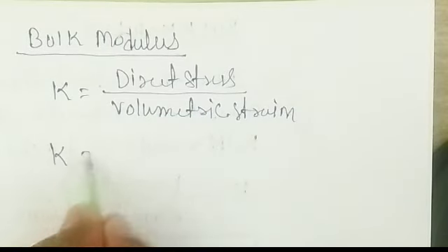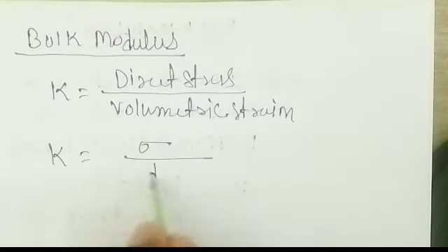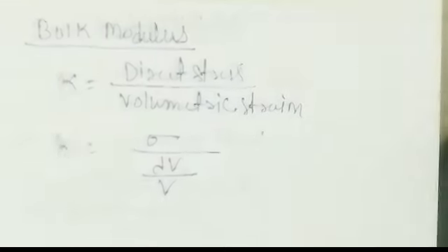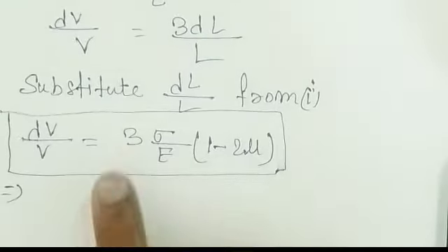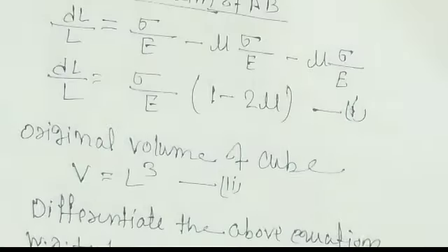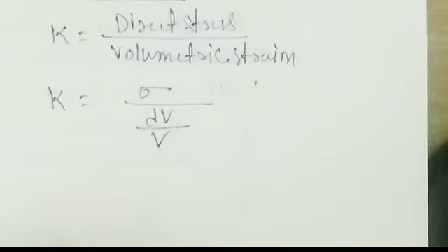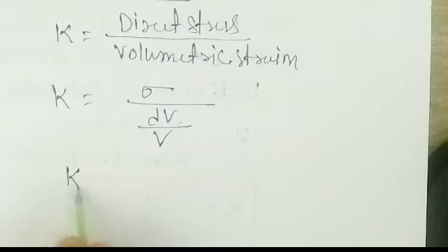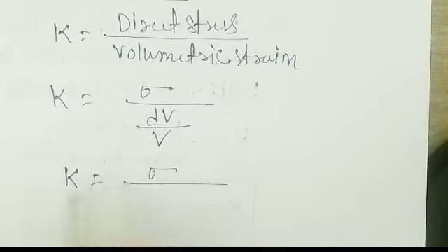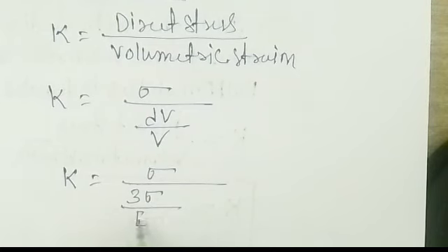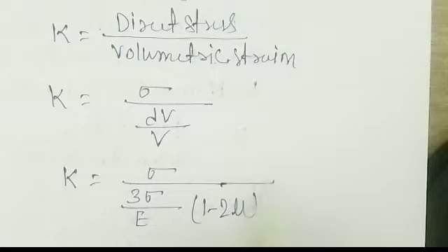So K is equal to what? Direct stress is sigma and volumetric strain is dV by V, but dV by V we already calculated, which is nothing but 3 sigma by E into 1 minus 2 mu. So we are going to substitute, so that K becomes sigma by 3 sigma by E into 1 minus 2 mu, right?